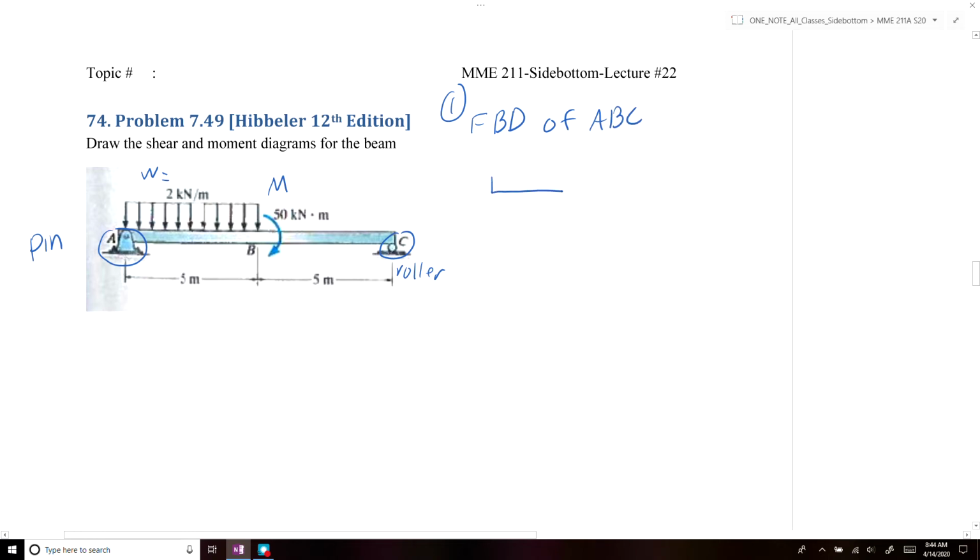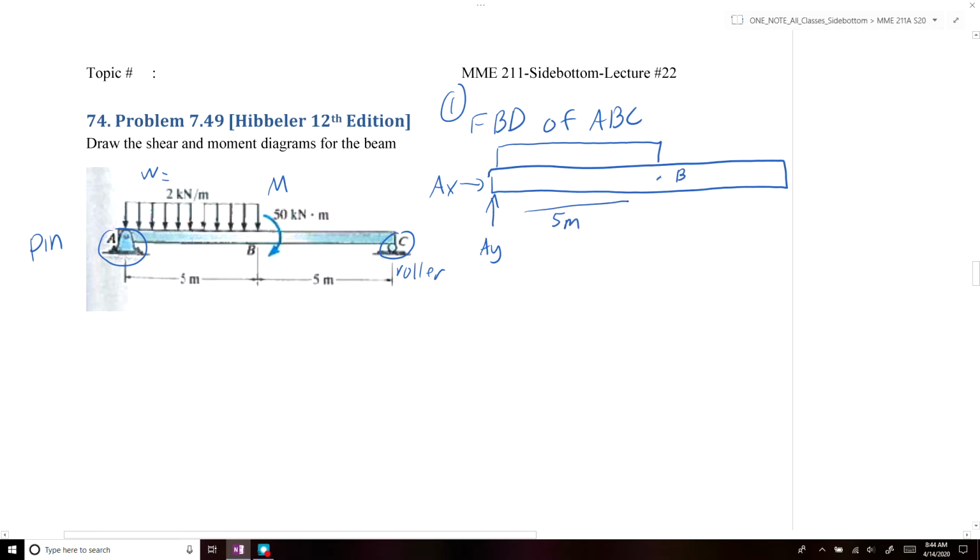So if we have at point A a pin, so we'll have A of Y and we'll have A of X. Along the point A to point B, which we know is 5 meters long, we have a distributed load of 2 kilonewtons per meter. And at point B we also have a couple moment of 50 kilonewton meters.